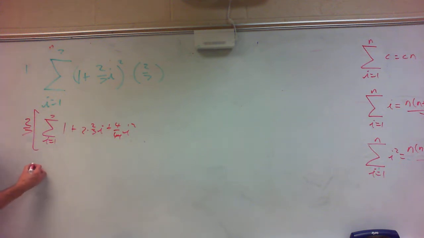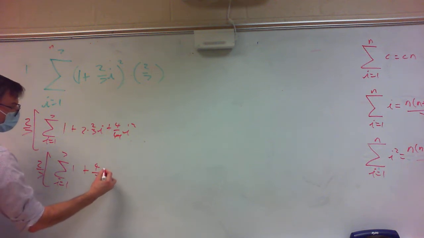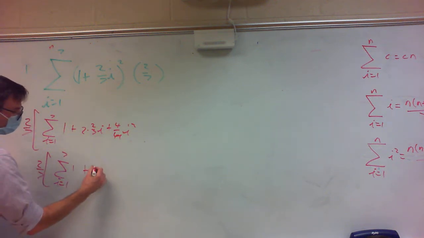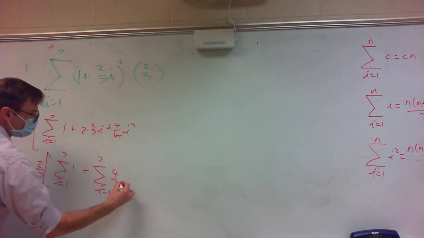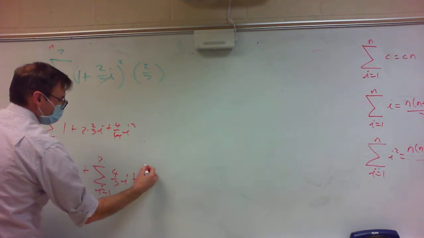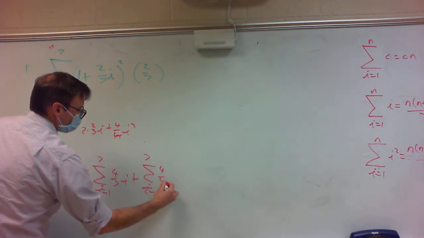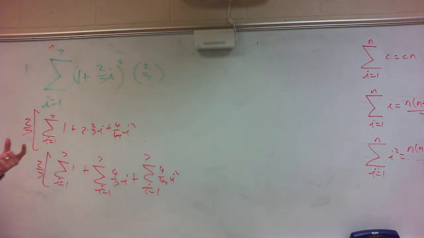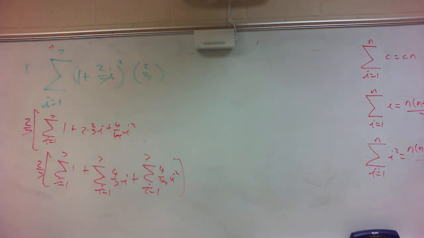So what this ends up being is 2 over 7 times the summation from i equals 1 to 7 of 1, plus the summation from i equals 1 to 7 of 4 over 7 i, plus the summation from i equals 1 to 7 of 4 over 49 i squared. You see what I did there? Are we okay with that part?